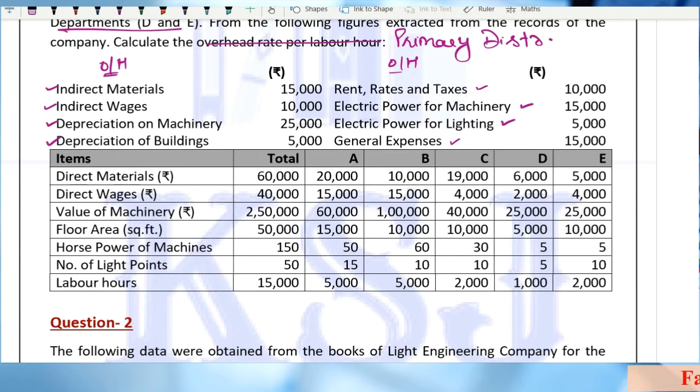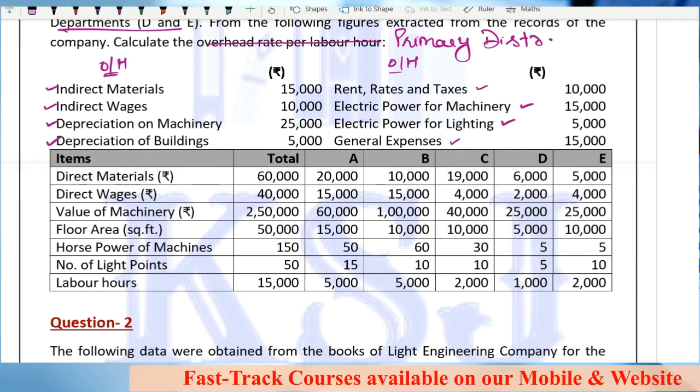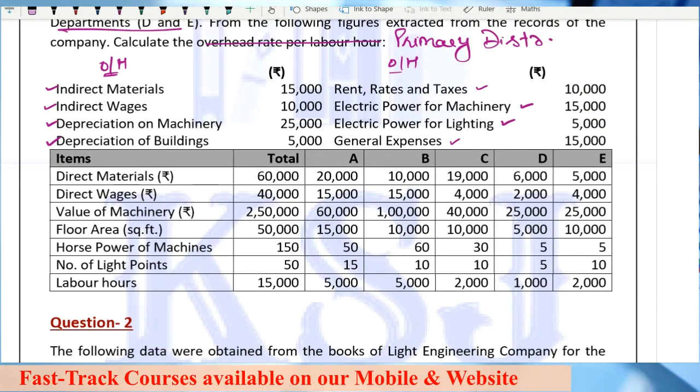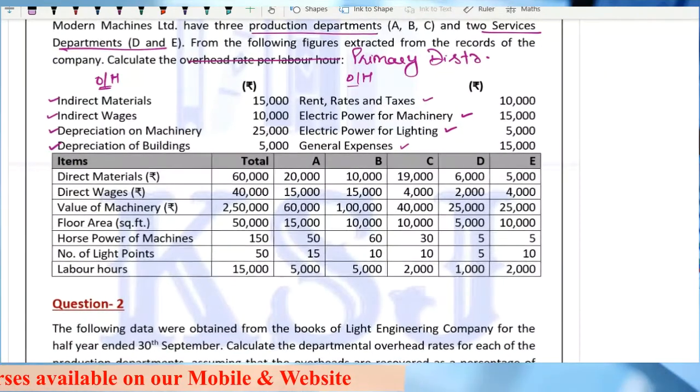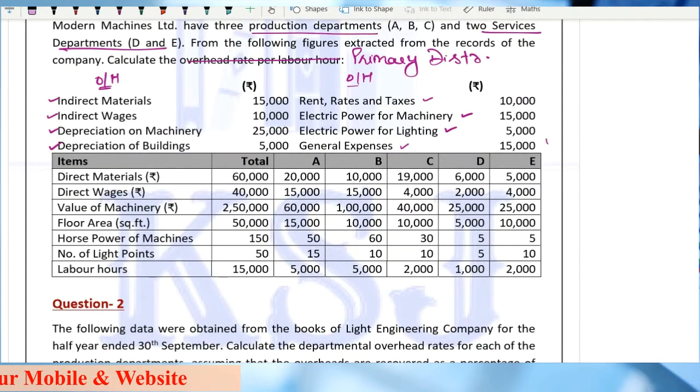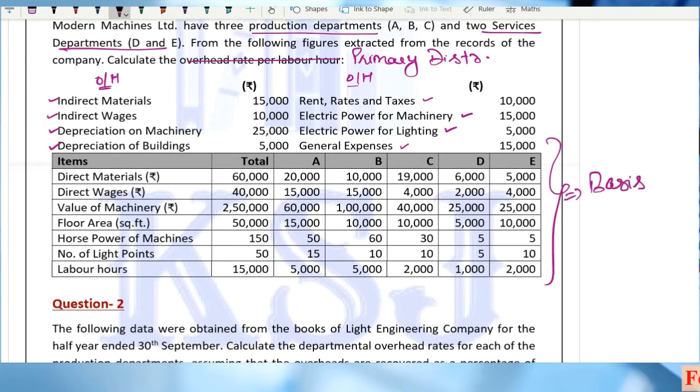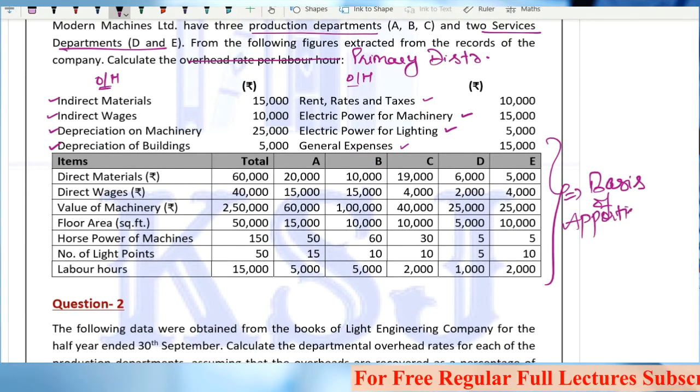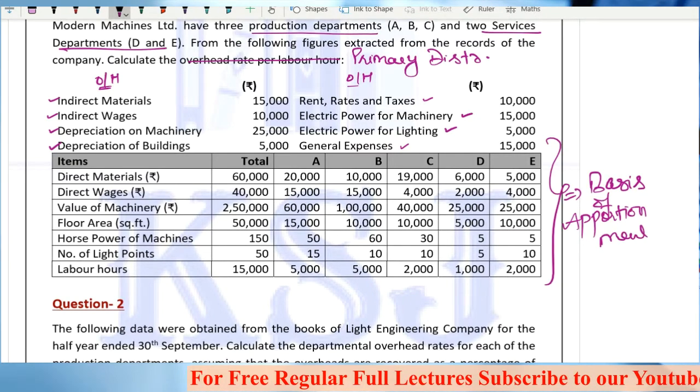A, B, C are the production departments and D and E are the service departments. This is additional information given to you, and this information will serve as the basis of apportionment, right?